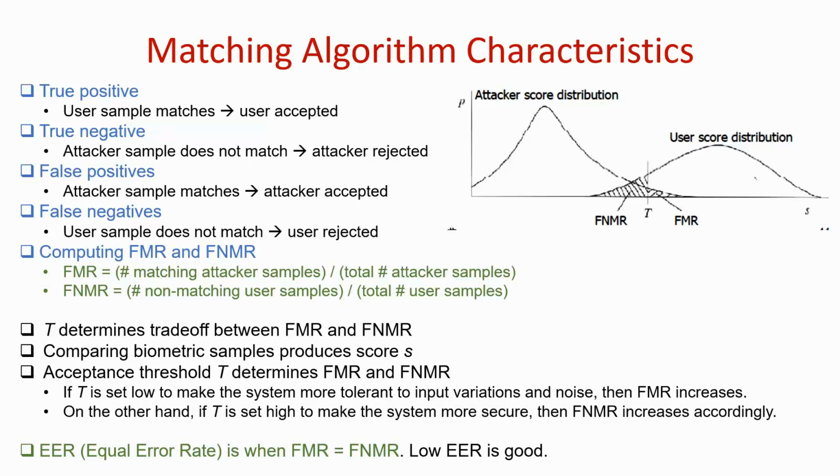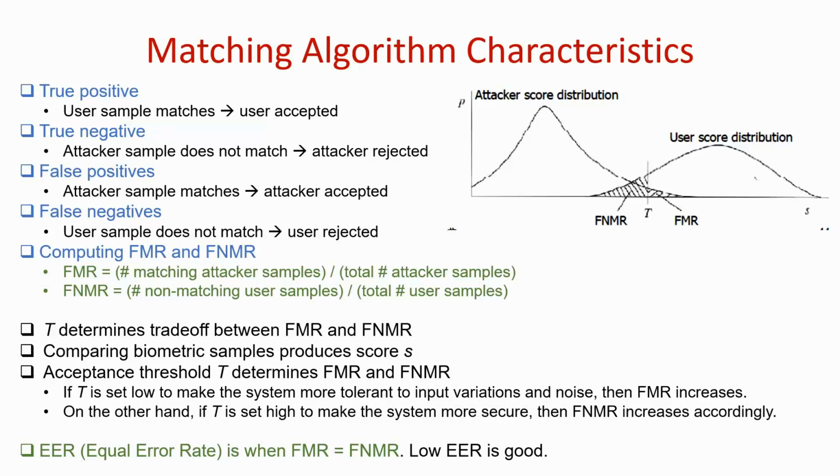The true positives is when a legitimate user sample is accurately defined. That means the legitimate user is accepted. A true negative is when an attacker sample is actually rejected, which is the case that is desired. The false positive is when an attacker gains access to the system. So the system doesn't recognize that this is an attacker sample and thinks that this is a legitimate user and the attacker is accepted.